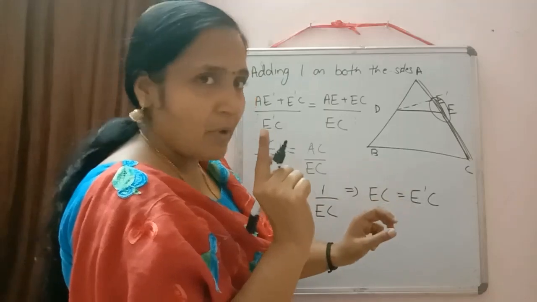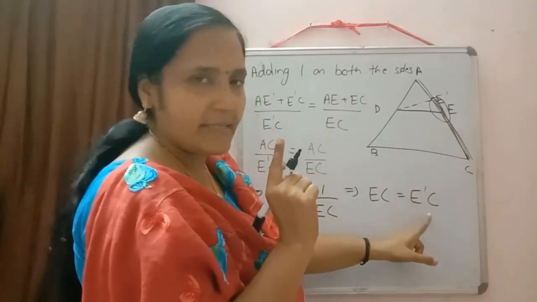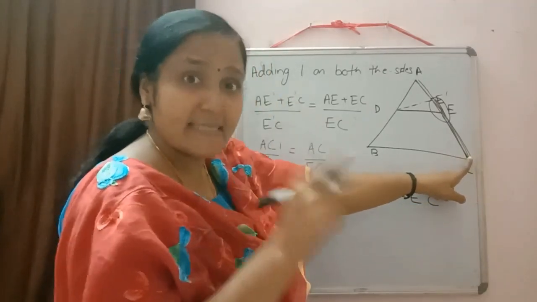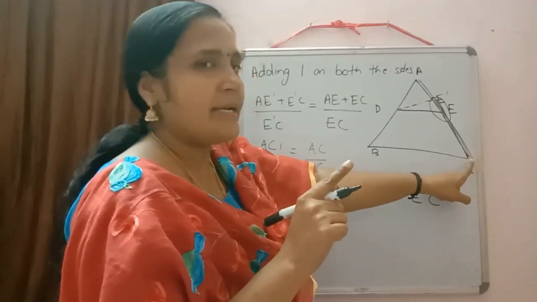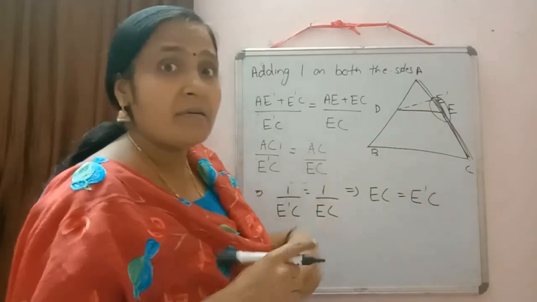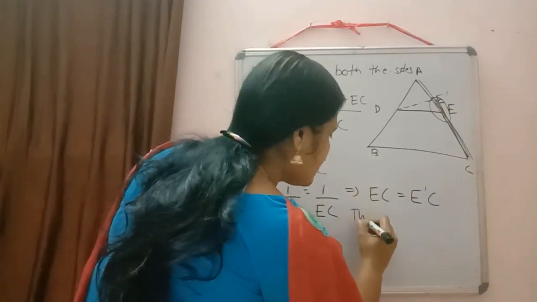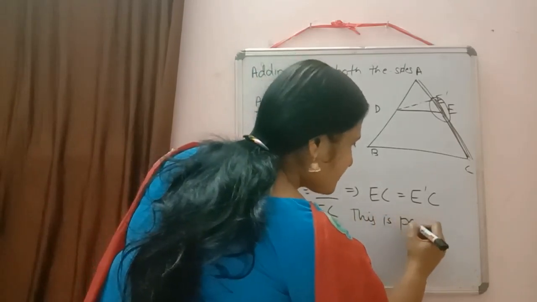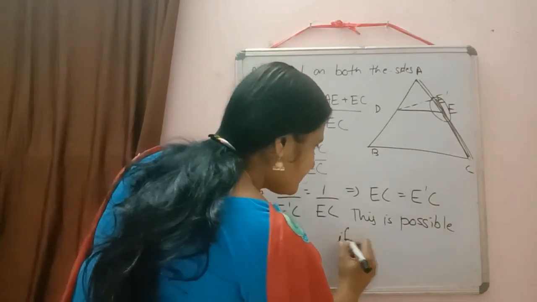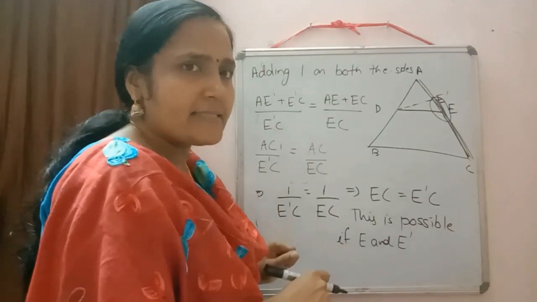Both line segments are equal in length, we proved, and their starting point is the same, that is C. So their ending point also should be the same. You don't have to explain everything there. This is possible if E and E dash are at the same point.